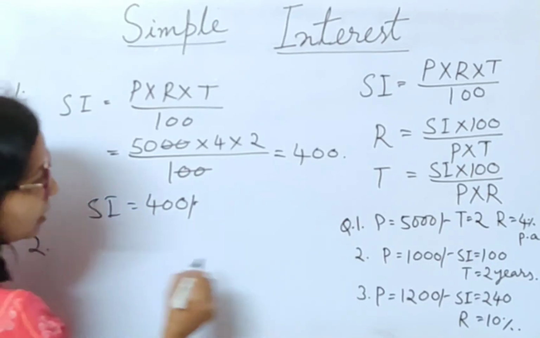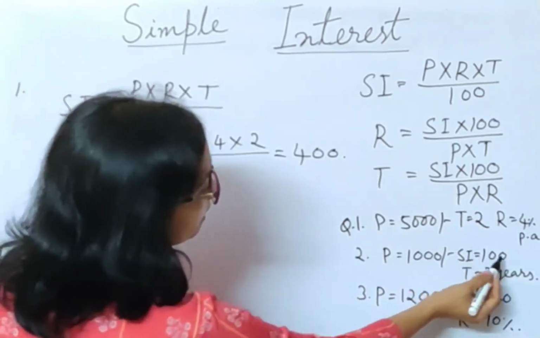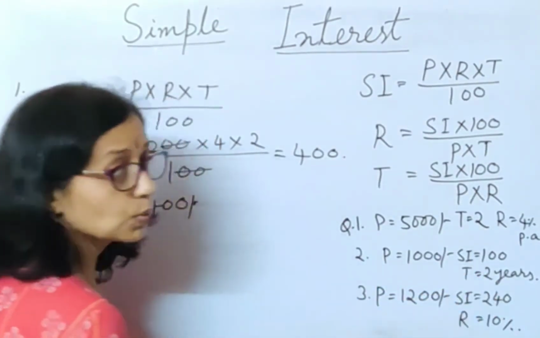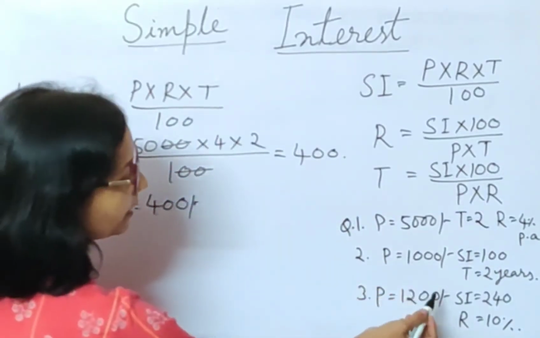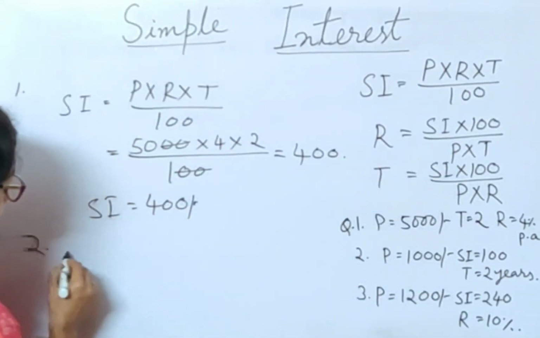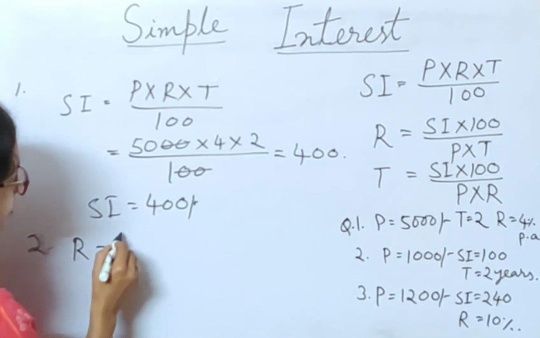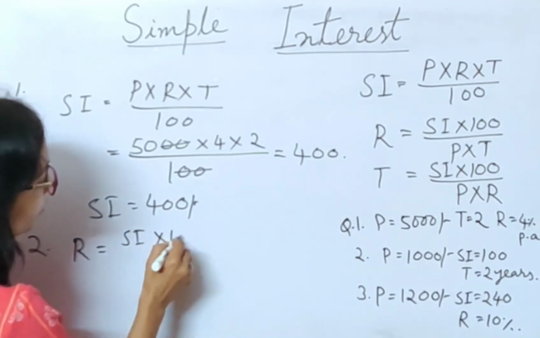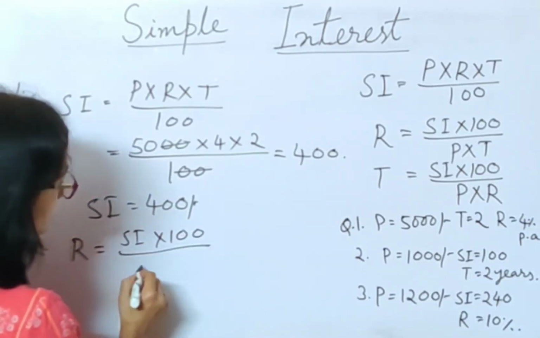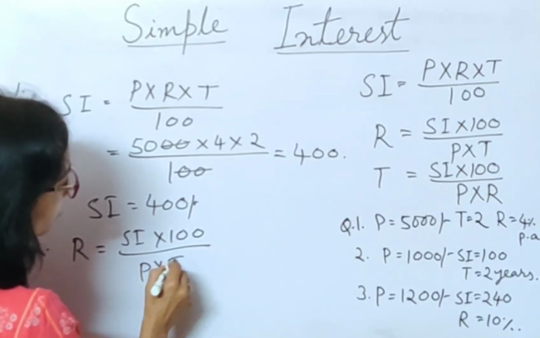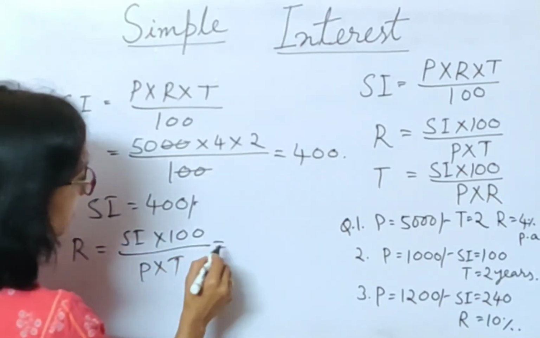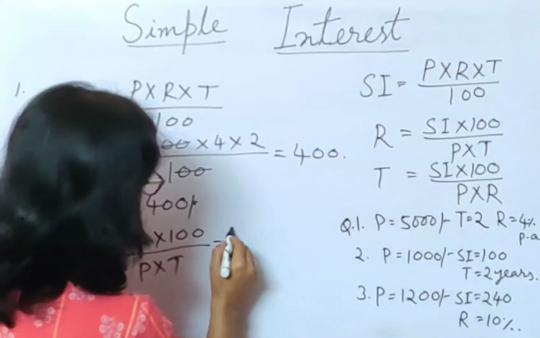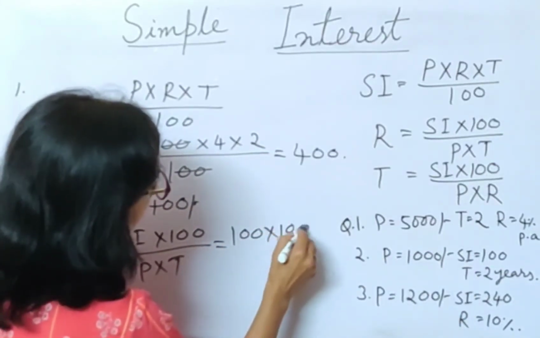Now question 2. Principal is given, simple interest is given, and time period is given as 2 years. Now what do we have to find here? We have to find rate of interest. So the formula for rate of interest is simple interest into 100 by principal into time, right? So simple interest is here 100 into 100.